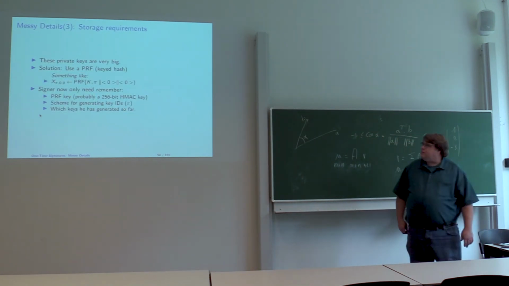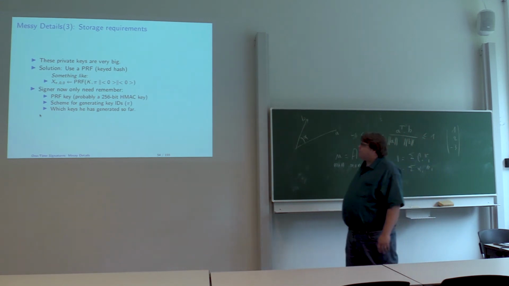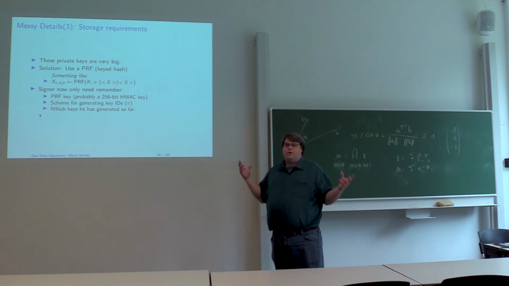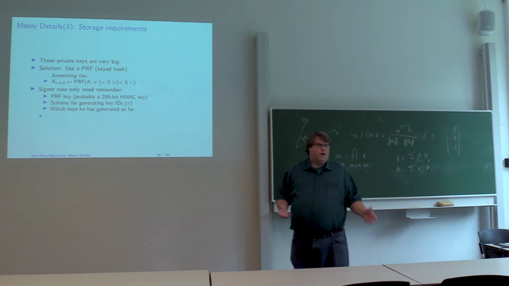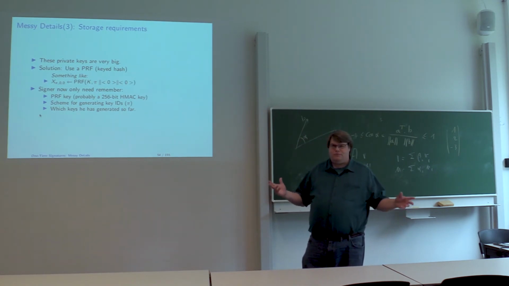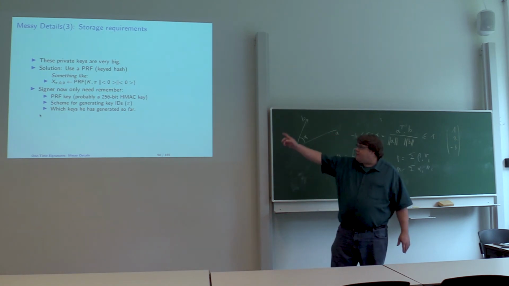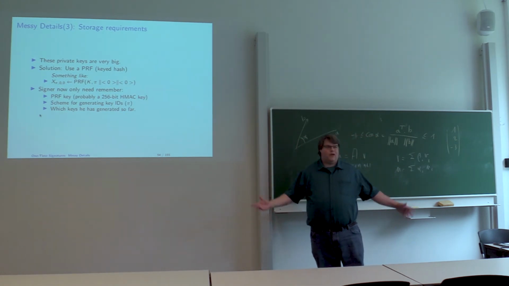Last thing is storage requirements. The private keys look really big, but actually you would never normally store the private keys for these things. You might generate the whole private key just to make the coding easy when you're signing something, but you wouldn't keep it around. Instead, you have a PRF, something like HMAC.